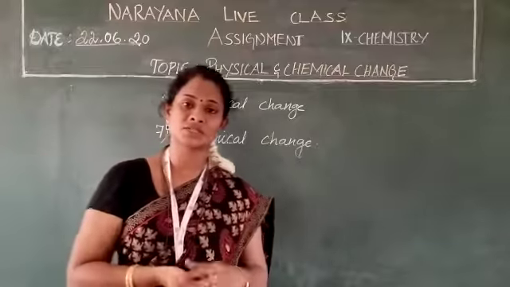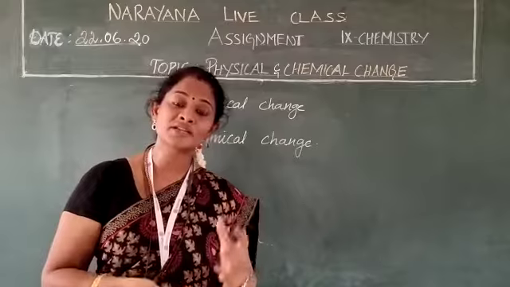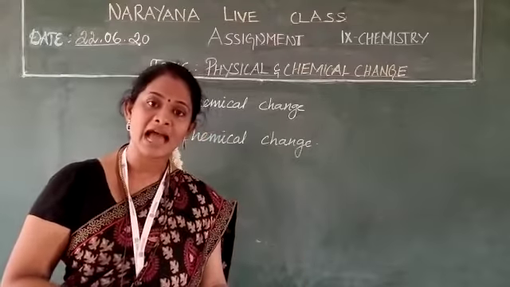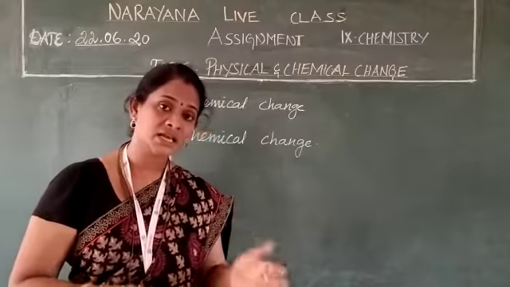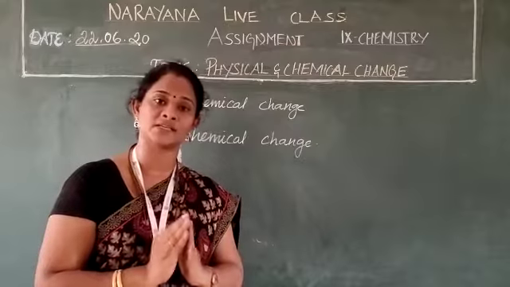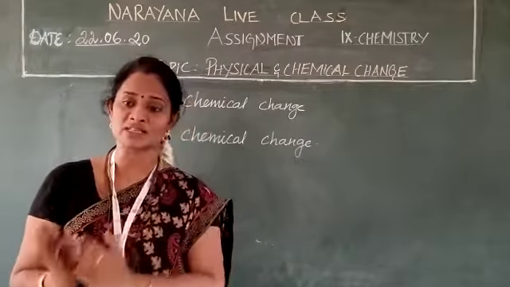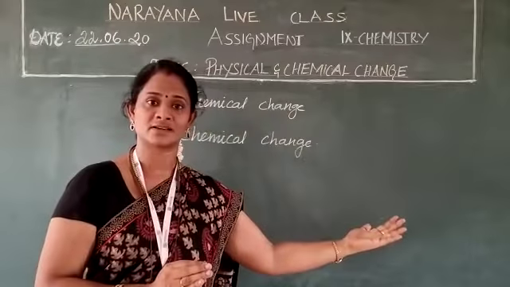What is chemical change? A chemical change brings a difference in chemical properties and we get a new substance. Chemical property in the sense that if one substance reacts with another substance, it produces a new substance.